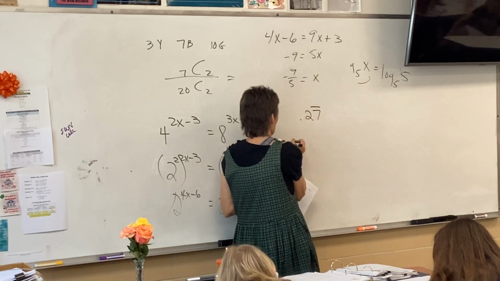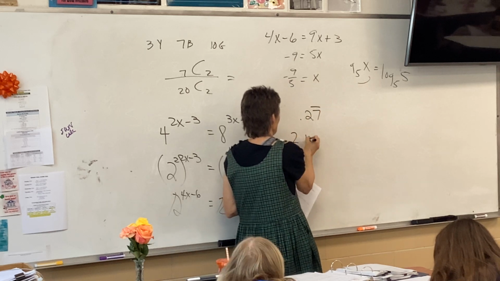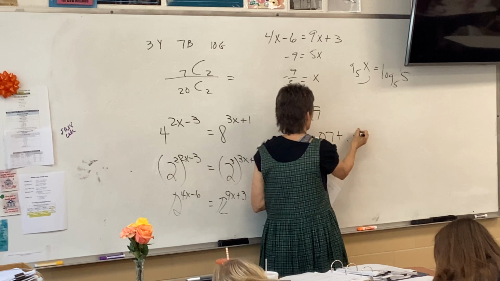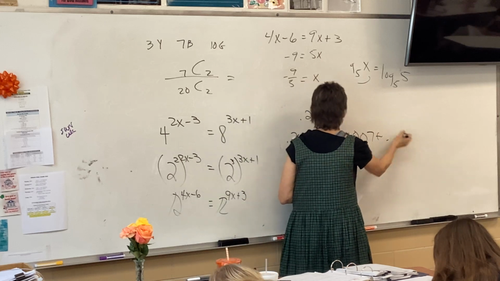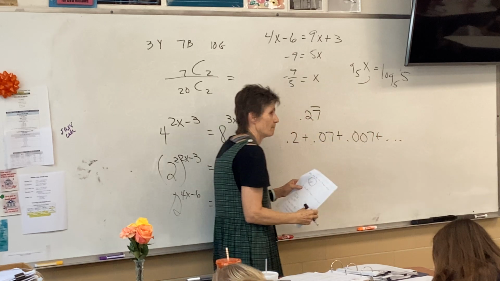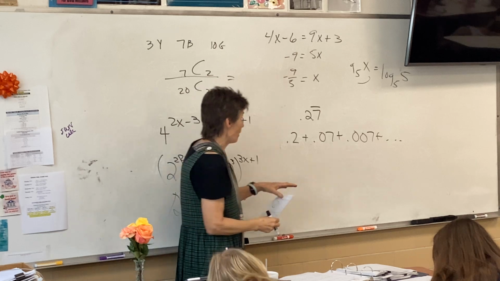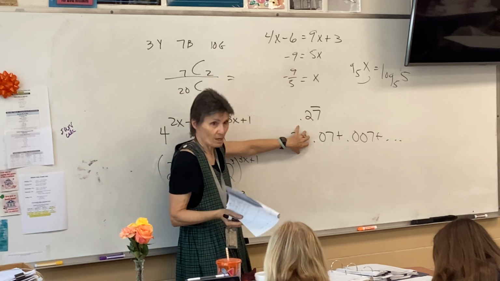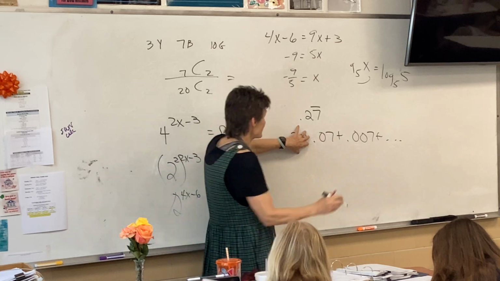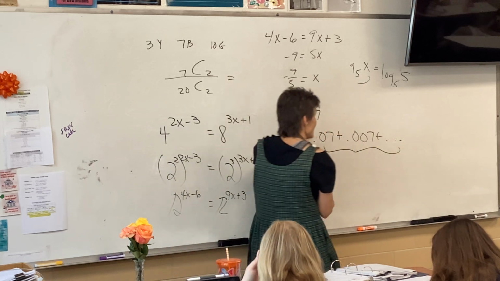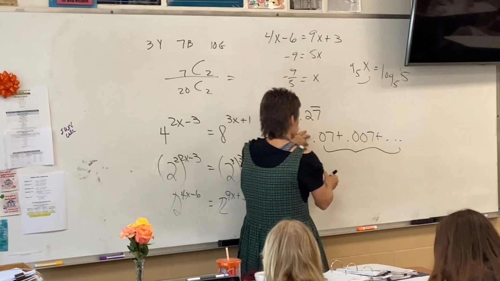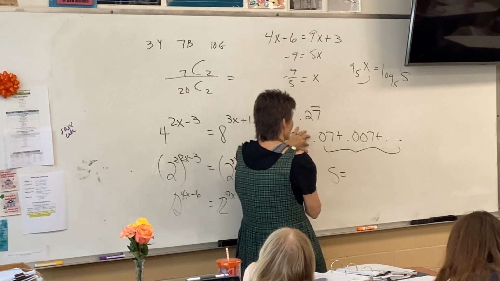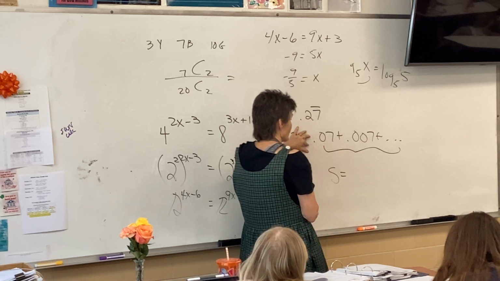So we have to split that off and say, okay, this is 0.2 plus 0.07, 0.007, and so on, because these 7s just keep going. Now, this part is separate because it's different. This part is an infinite geometric series. So I am going to use my formula to add up that part.